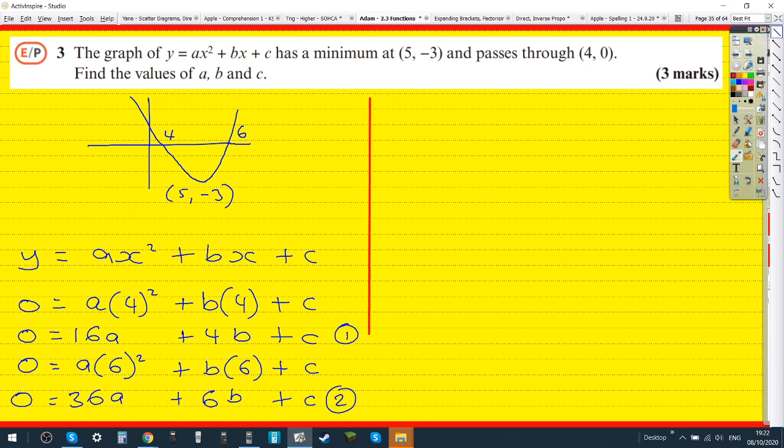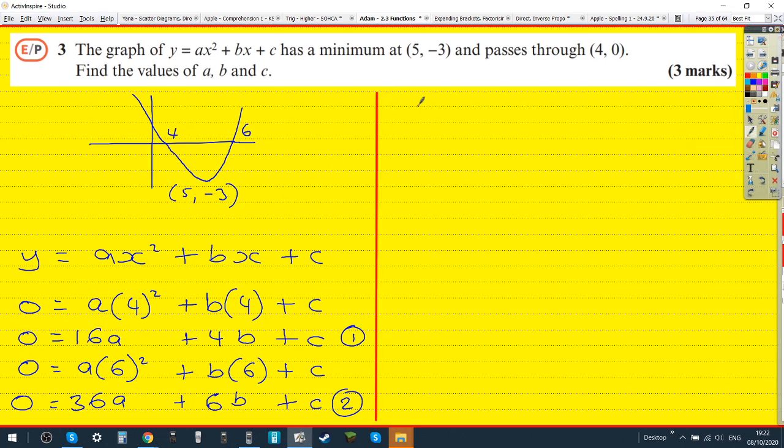I'm confused because we only have 2 x's. Unless you use the minimum. So we'd use 5. So it'd be y equals ax squared plus bx plus c. 0 equals... Y isn't 0 at the minimum. So what's the y coordinate at the minimum? Minus 3.